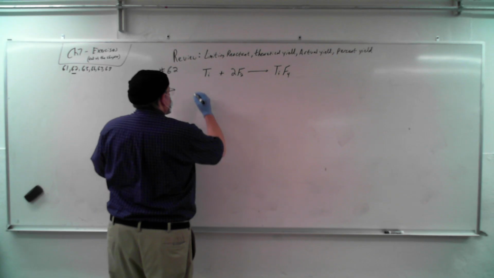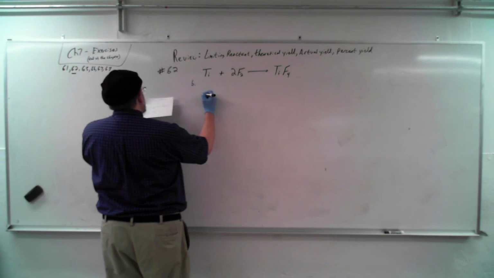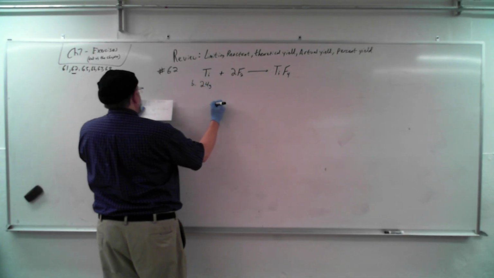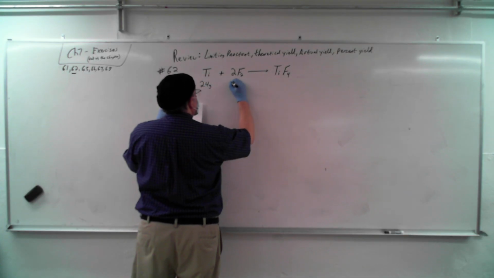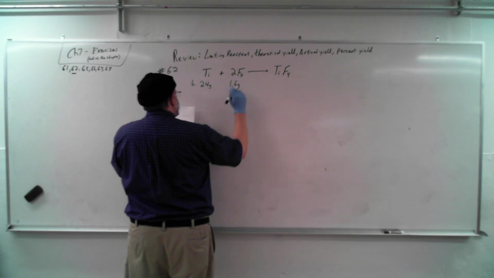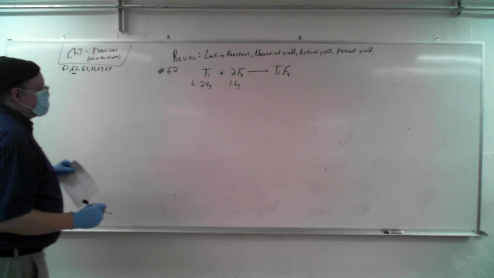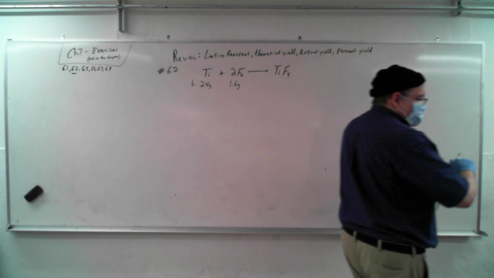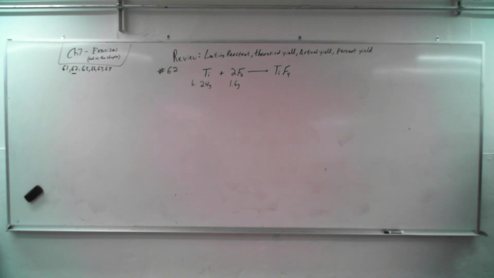Starting with B for this one, you're told you have 2.4 grams of titanium, 6 grams of F2. Because grams was mentioned, you're going to need the grams per mole for these. I'm going to have to bring up a periodic table. I don't have one printed out.